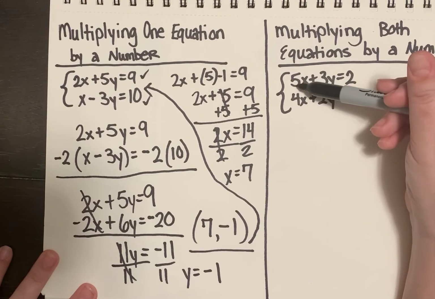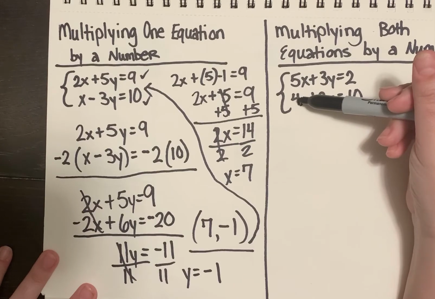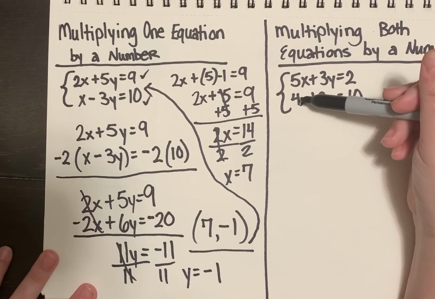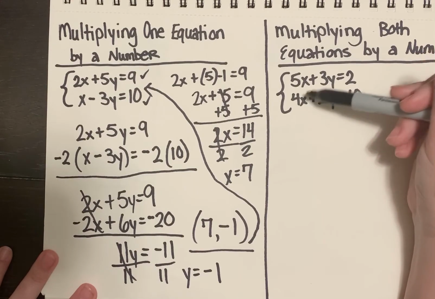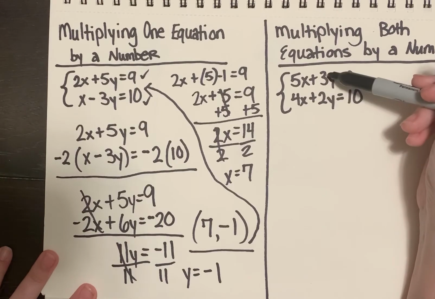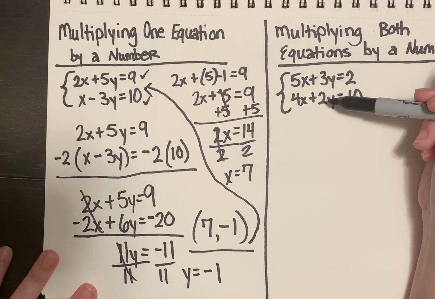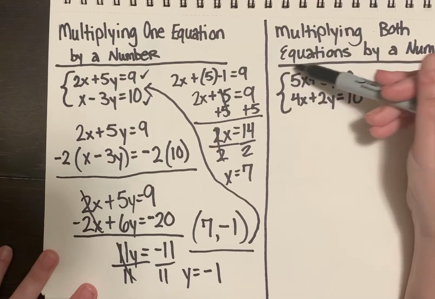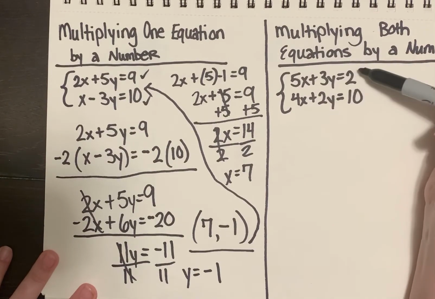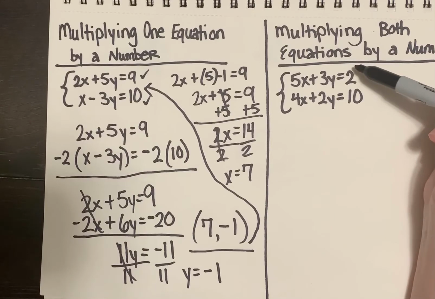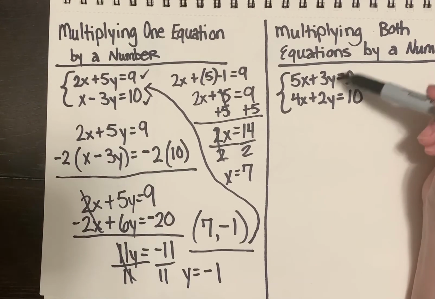The least common multiple of 2 and 3 is 6. So you're going to multiply the first equation by -2, and then multiply the second equation by 3.